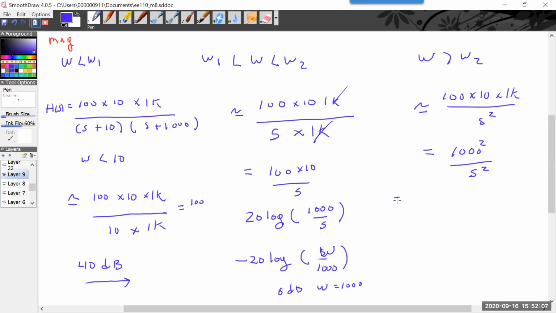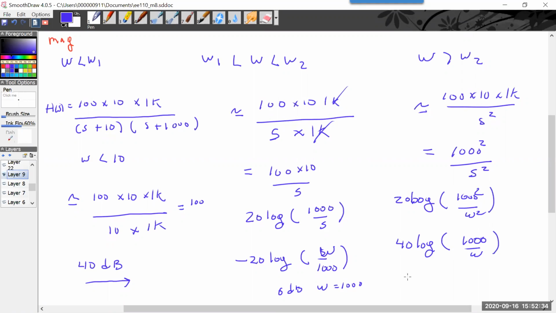Okay. So now when we take the magnitude of that, it becomes 1,000 squared divided by omega squared.